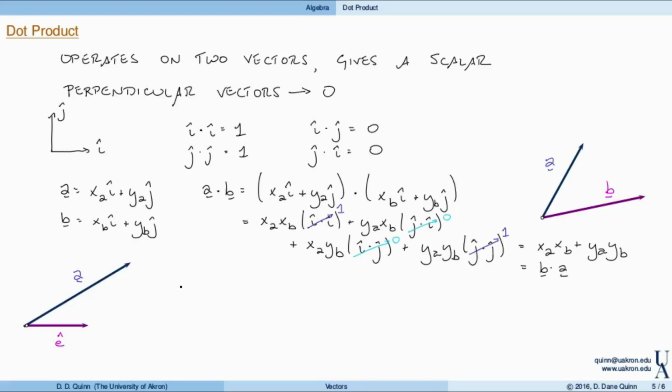So here, if I look at the dot product between A and E, we find that this is the projection of A in the E direction.